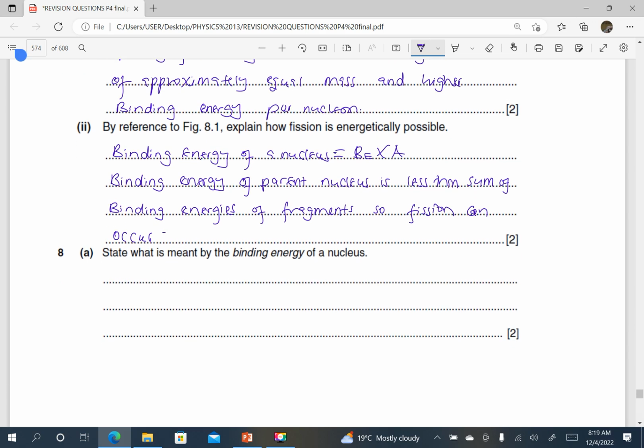State what is meant by the binding energy of a nucleus. So we now know what binding energy is. The energy required to separate the nucleons in a nucleus to infinity.